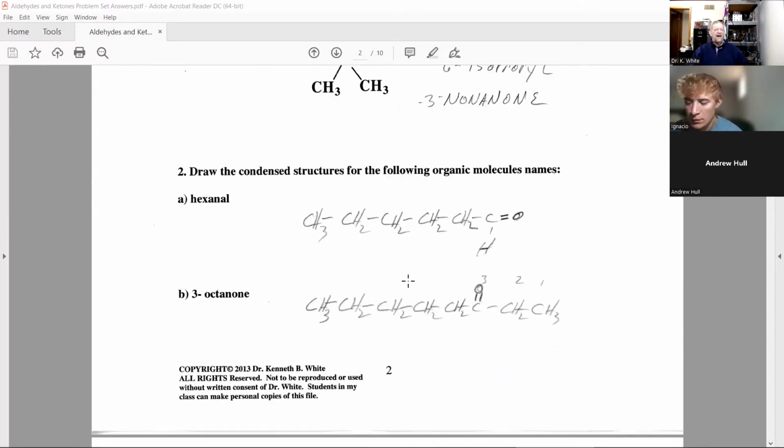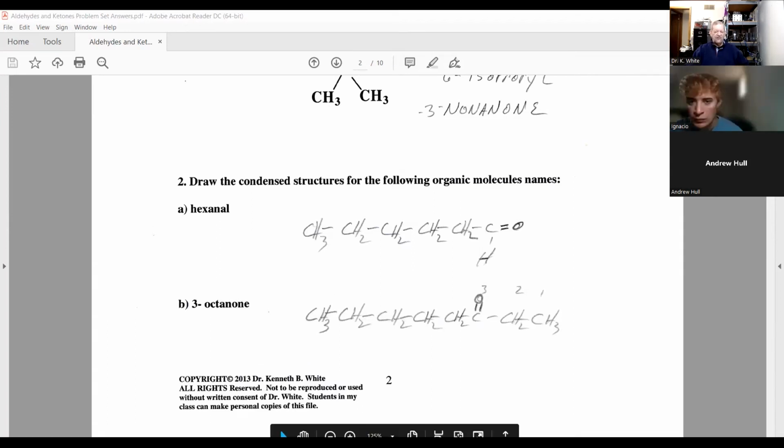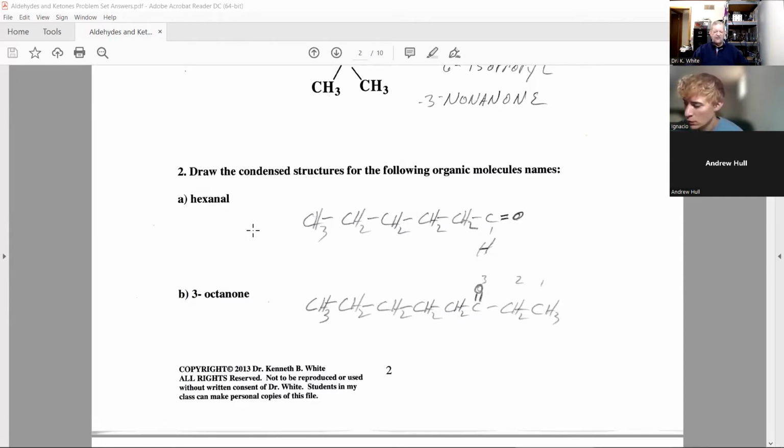Now, if we look at number 2, this is another type of nomenclature question. Draw the condensed structure for the following organic molecules. And here, how do you do that? Start from the right, move left. AL ending, aldehyde.